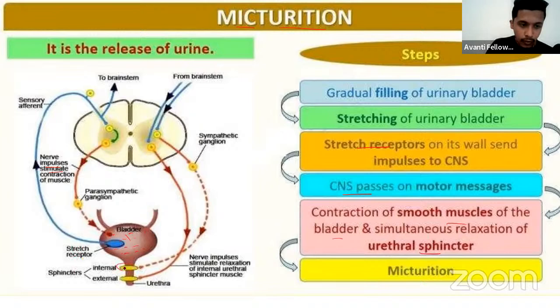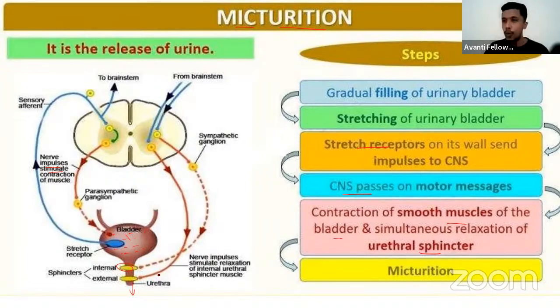Once the relaxation of the urethral sphincter takes place, the urine will be released. We have two urethral sphincters: the internal urethral sphincter and the external urethral sphincter. The internal urethral sphincter is involuntary, whereas the external urethral sphincter is voluntary.